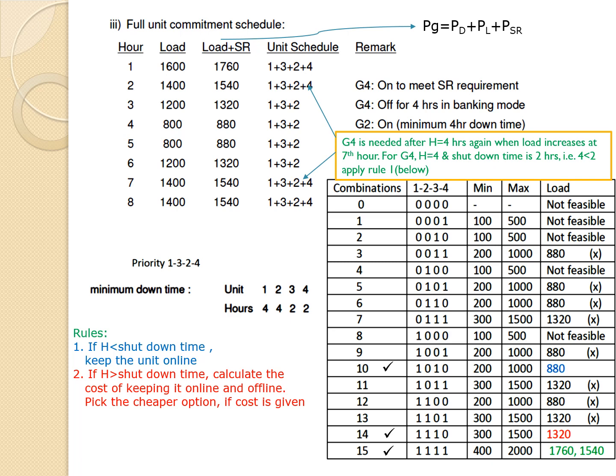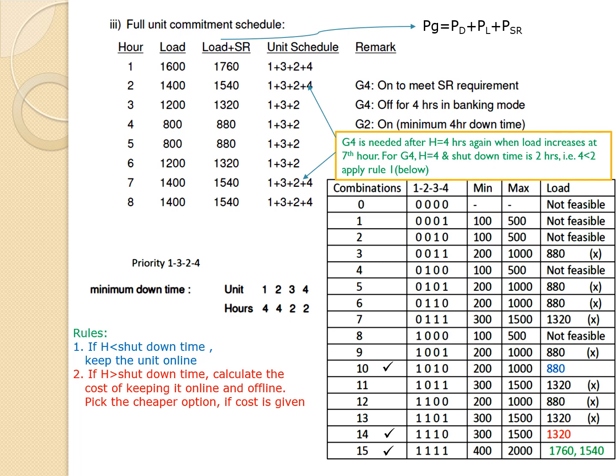Now let us come to the last combination, which is the 15th combination. The binary conversion of 15 is 1111, which means all the 4 units are in the on state, and the total maximum of all the 4 units is 2000 megawatt.